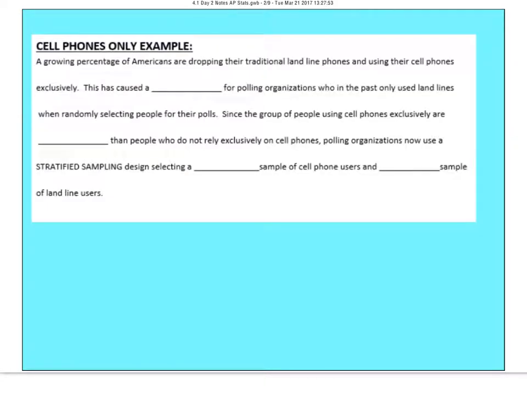Here's another example of when you would do a stratified sample versus just a standard SRS. Cell phone example. A growing percent of Americans are dropping the traditional landlines and using their cell phones exclusively. This definitely caused a problem for polling, as those organizations had in the past used landlines when randomly selecting people for polls.